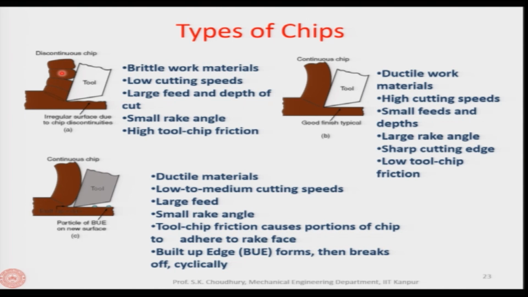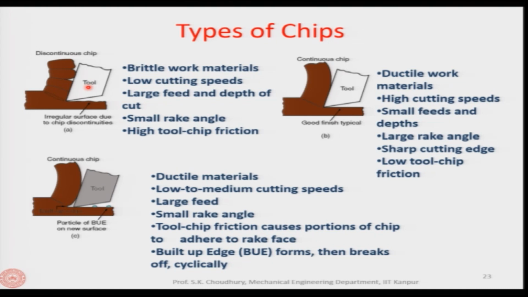and because of the discontinuous chip, the surface finish is worse in comparison to the continuous chip. As the chip breaks, there is a fluctuation in the forces each time, and that gives a bad surface finish, or a high value of surface roughness.